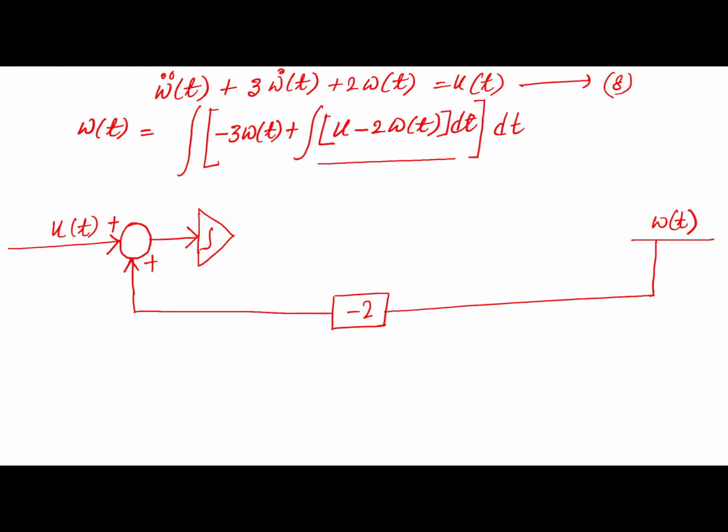So output of the integrator will be added up with minus 3 times of omega. So again there is some adder. This is the first output and the second output is minus 3 times of omega.